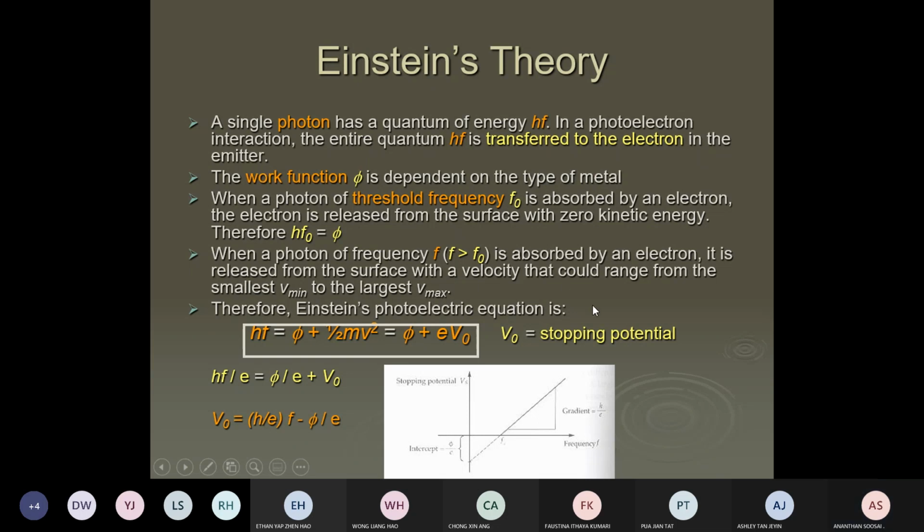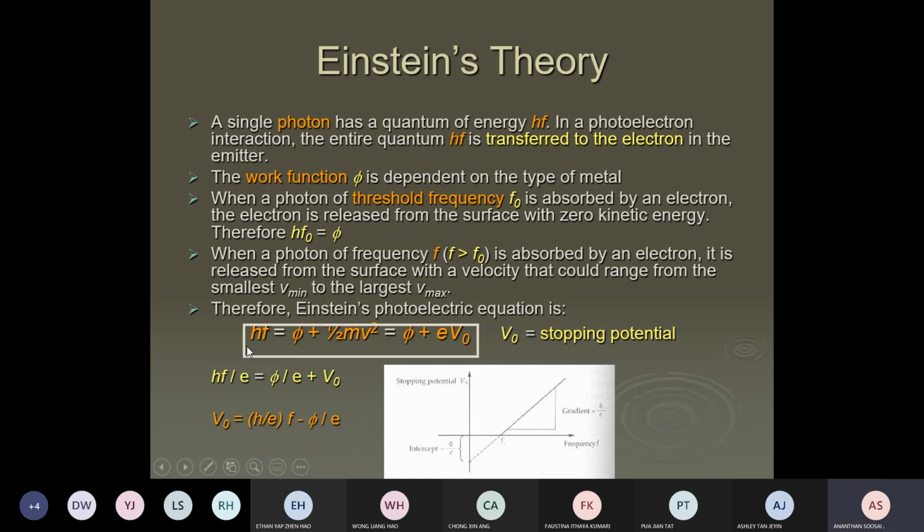So this is the formula he gave: hf equals phi plus half mv squared. You see hf. What is hf? The photon energy. The electron gets one photon's energy, and the electron uses that energy for two things according to his theory.